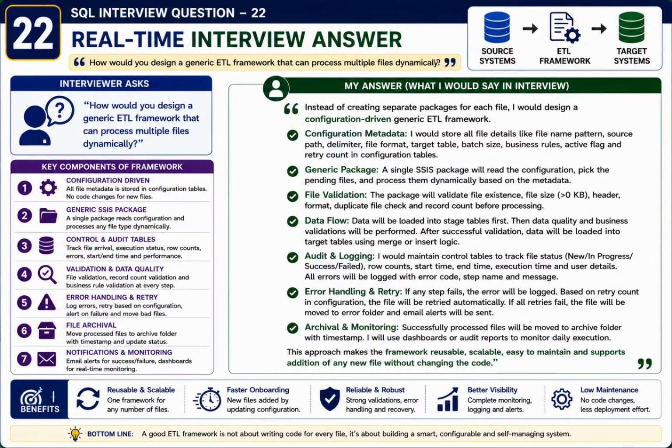If the interviewer asks, how would you design a generic ETL framework? Then our answer would be: instead of creating separate ETL packages for every file, I would design a configuration-driven ETL framework. All file metadata such as file name, source path, target table, delimiter, batch size, business rules, and retry count would be stored in configuration tables. A generic SSIS package would read this configuration and process files dynamically.